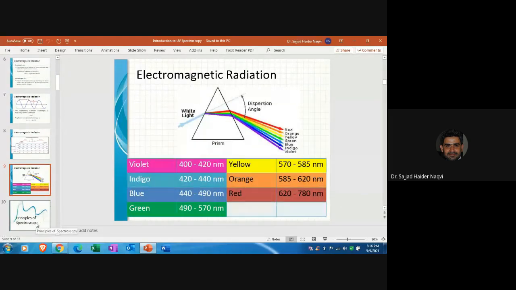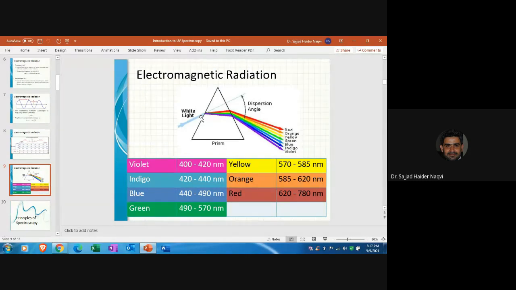This is another diagram showing that an electromagnetic radiation or white light is composed of different segments. If white light passes through a prism, it is going to disperse into its seven constituent colors.